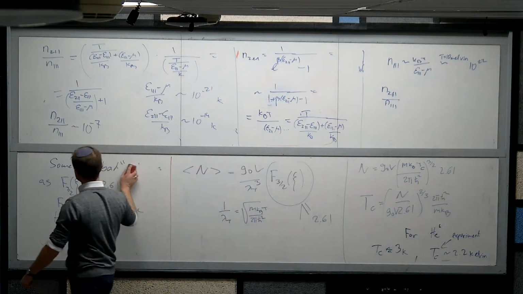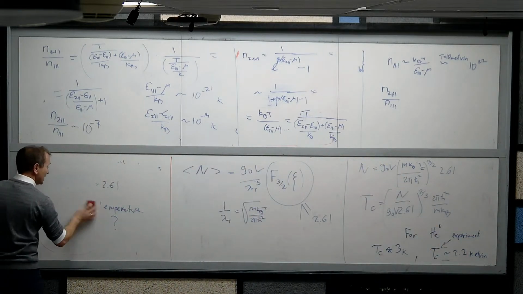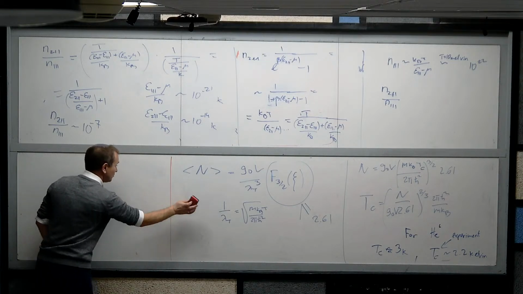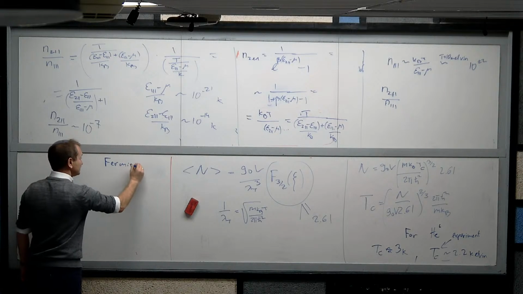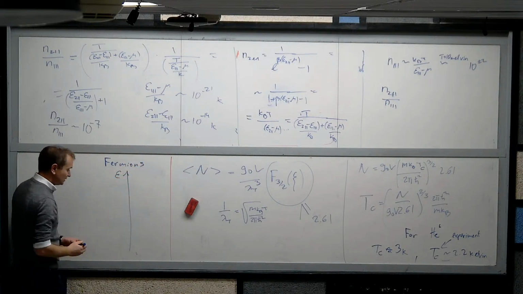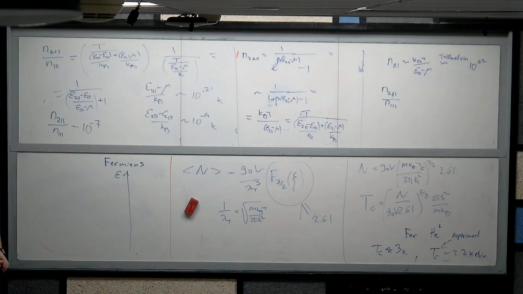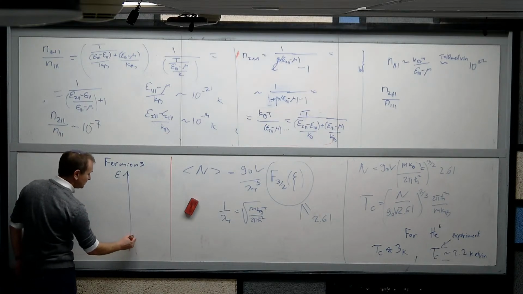If you want to remember the difference between fermions and bosons, it can be summarized in a very simple picture. So for fermions, due to the Pauli exclusion principle, this is epsilon, they sit one on top of each other.